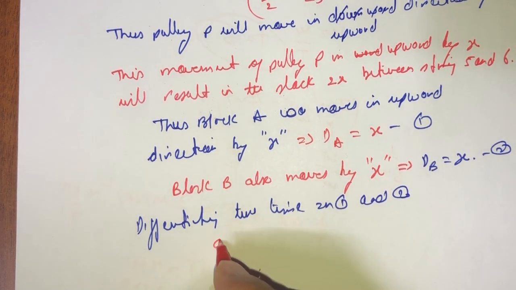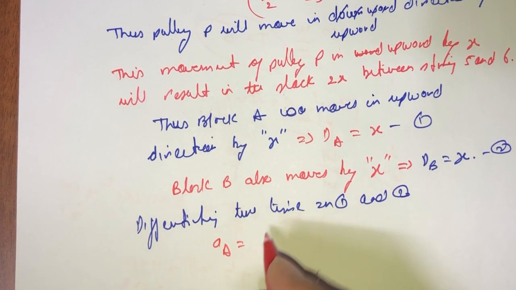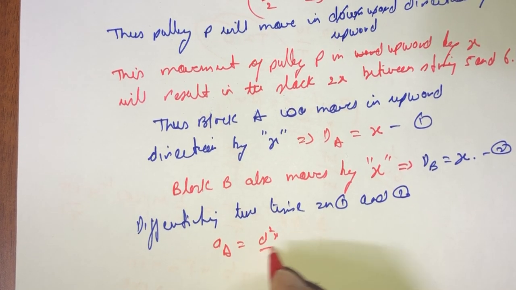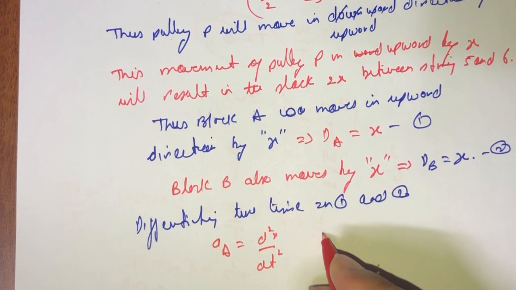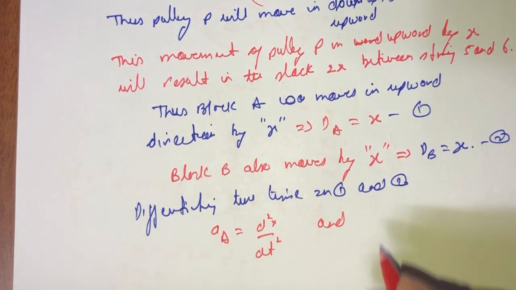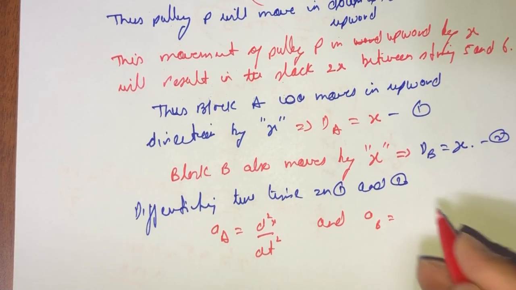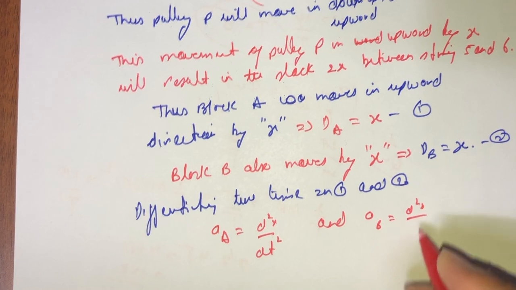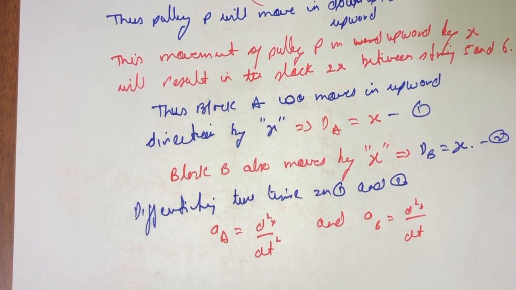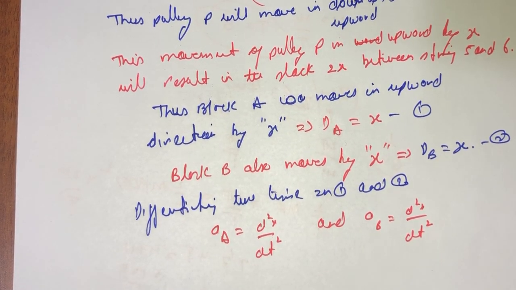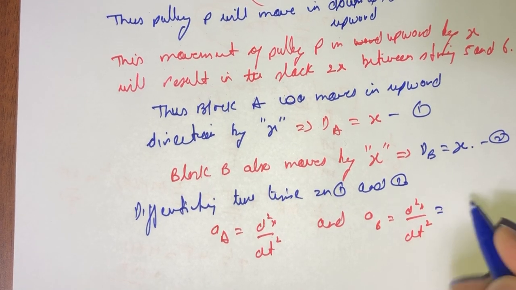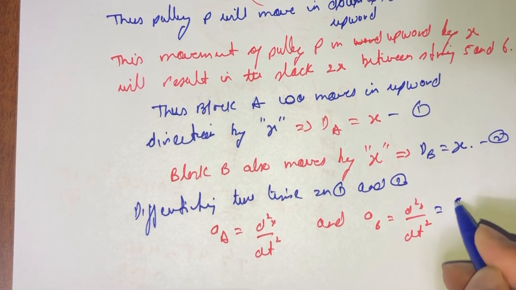we get acceleration of A as d²x/dt², and acceleration of B is also d²x/dt², and acceleration of B is given as 5 meter per second square.